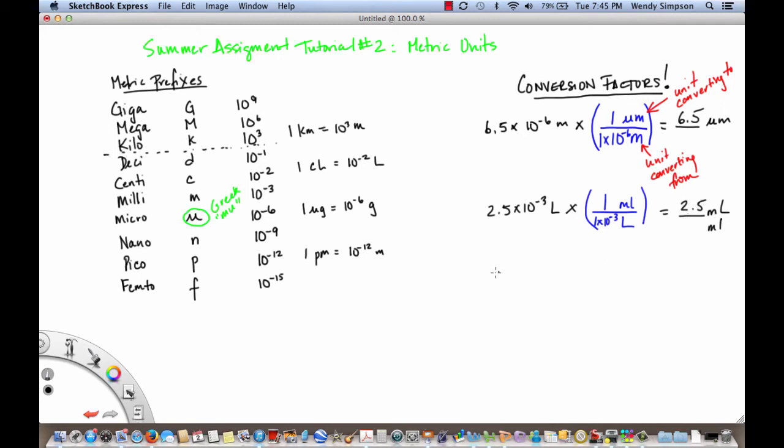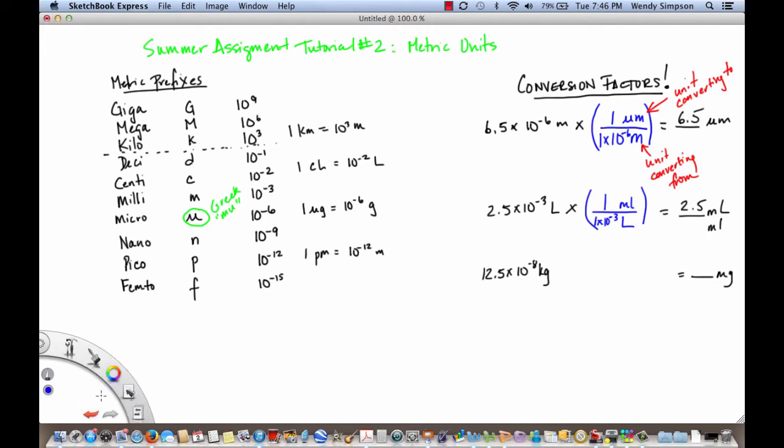We'll try another one where we really need 2 conversion factors. So if I have 12.5 times 10 to the minus 8 kilograms, and what I want to do here is end up with milligrams. Okay, I'm going to have to squeeze this in because I didn't allow myself a whole lot of space.